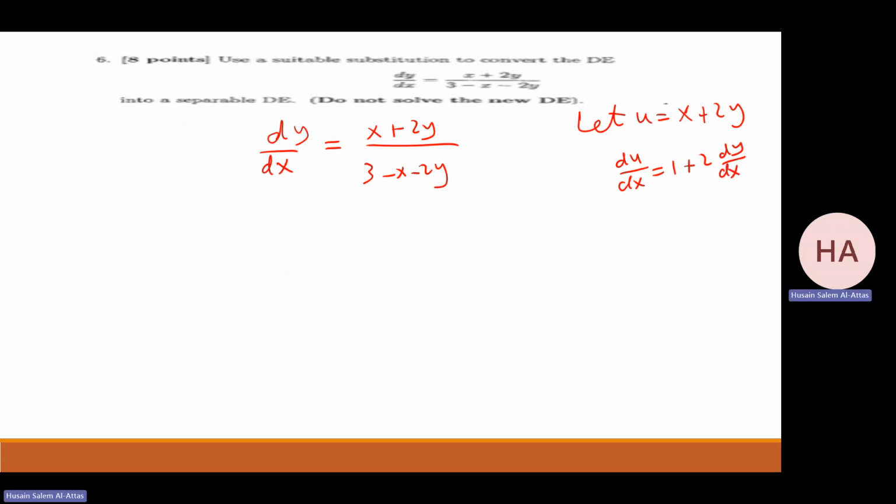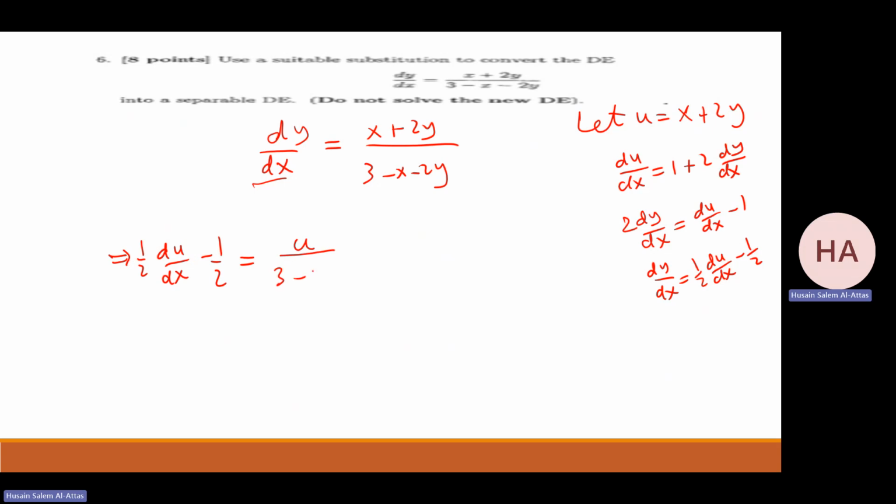So I want dy over dx to rewrite it here. So 2 dy over dx is du over dx minus 1. So dy over dx will be half du over dx minus half. So that will be half du over dx minus half equal u over 3 minus u.